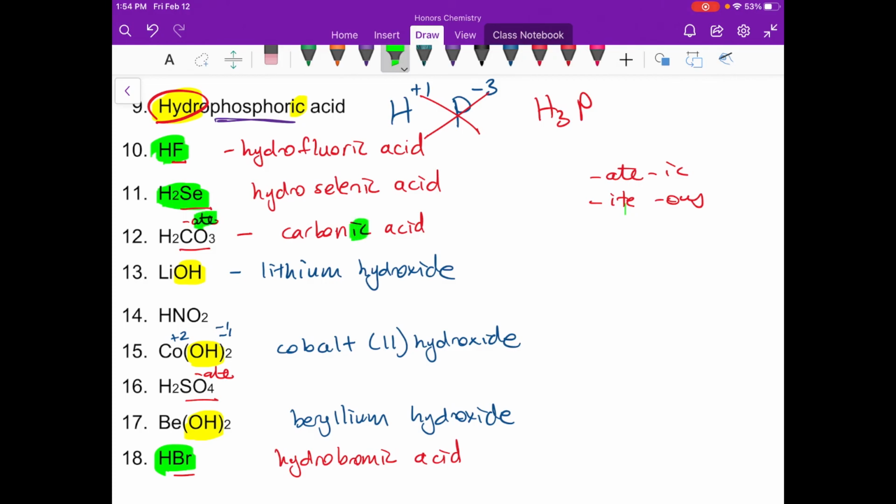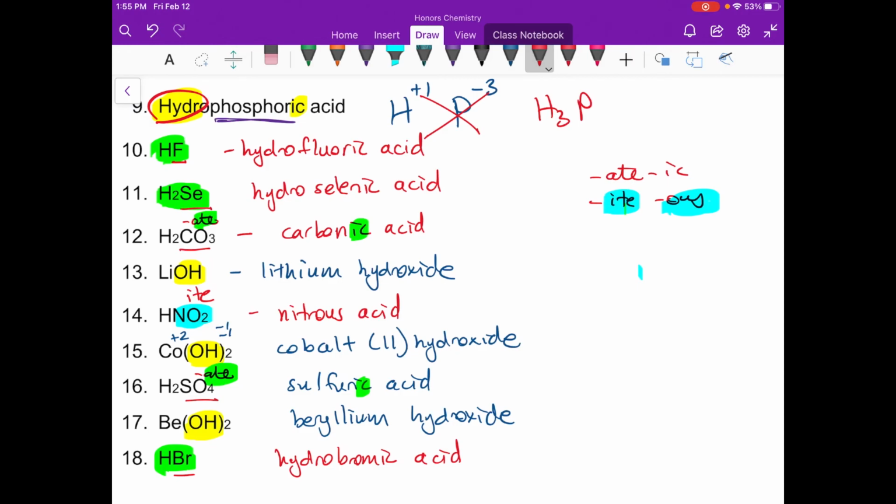And this one here, ate, is going to have an ick ending, so this is going to be sulfuric acid. Now we've got one more sitting here all by himself. This is nitrite. That has an ite ending. So ite, she ate ick and got bronchitis. That's going to be nitrous acid.